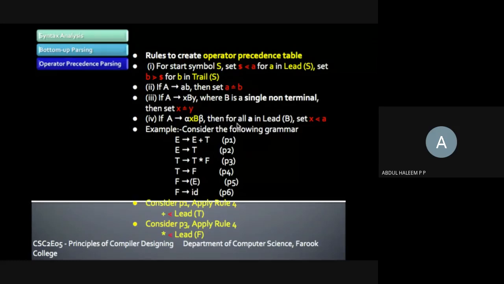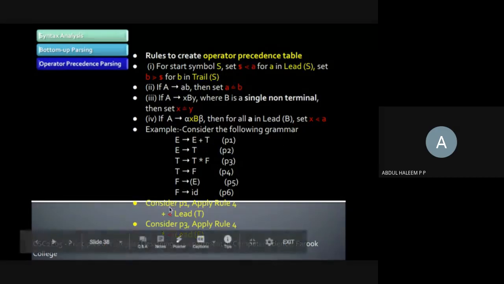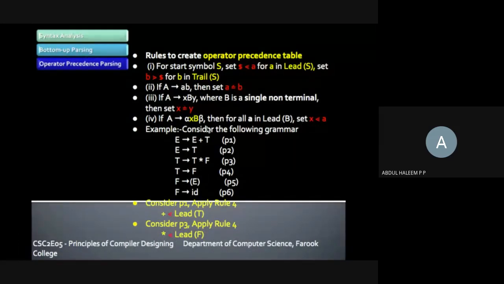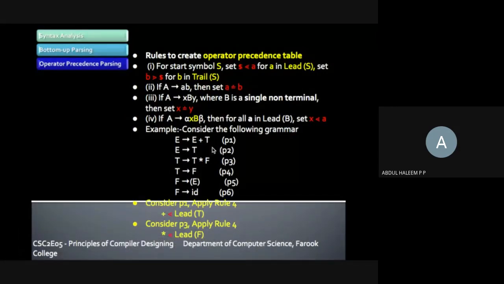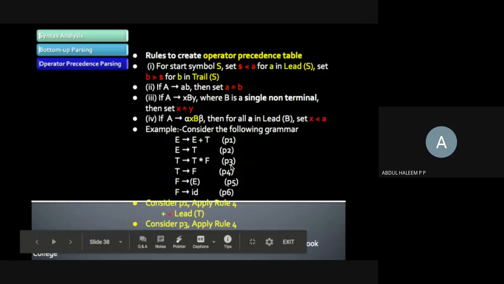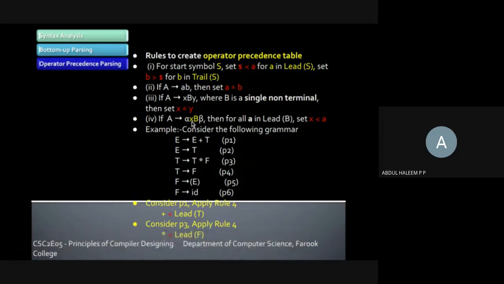Now what does the rule say? For all A in lead of B, that means all elements of lead of B, they have lesser precedence compared to X. So what is X here? X is plus. So plus is less than lead of T. So plus is having lower precedence than the lead elements of B. Plus less than lead of T, where T is here B. Similarly, you can take up production P3 and apply rule number 4.